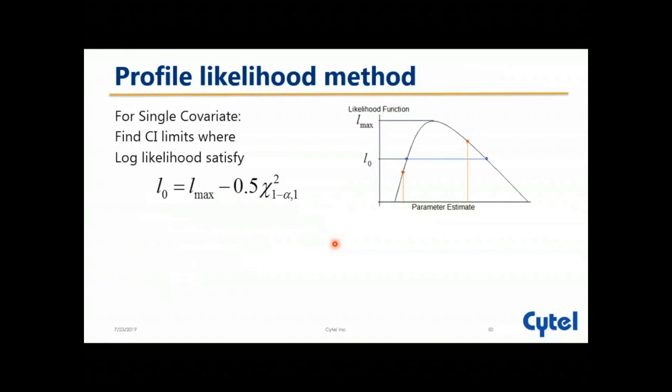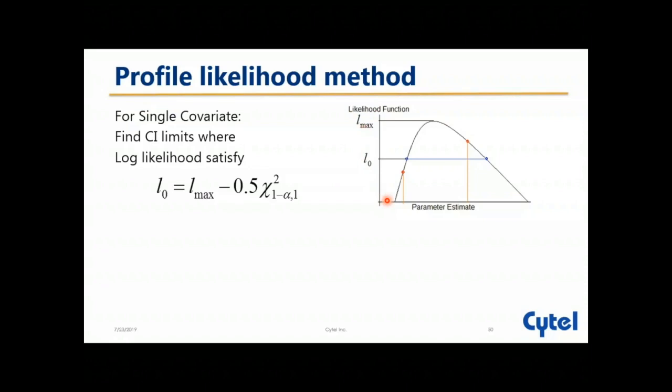So in the profile likelihood method, first see what happens for a single covariate. The log likelihood is plotted here. On the x-axis is the parameter, that is beta, and on the y-axis we have the log likelihood function.